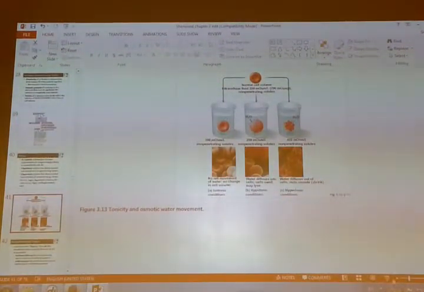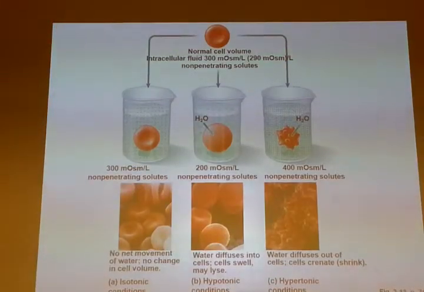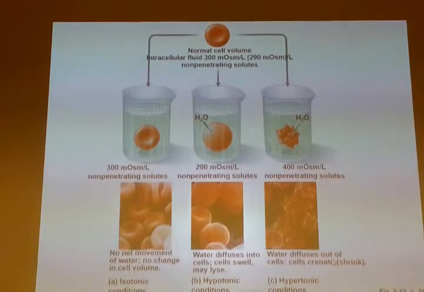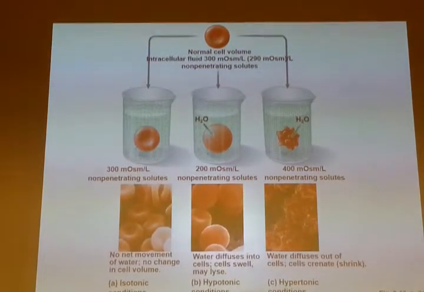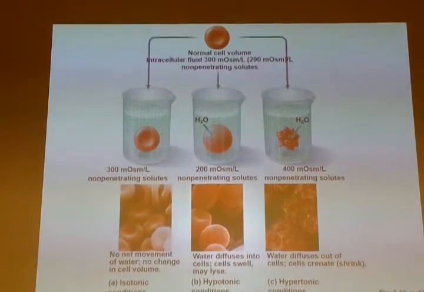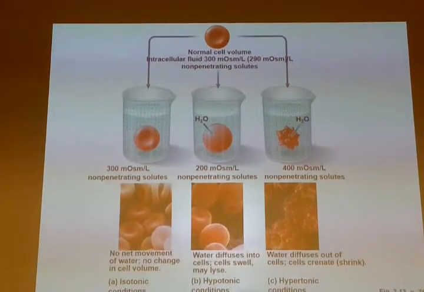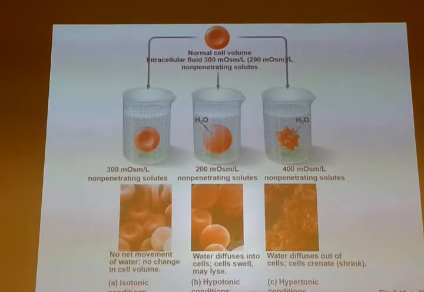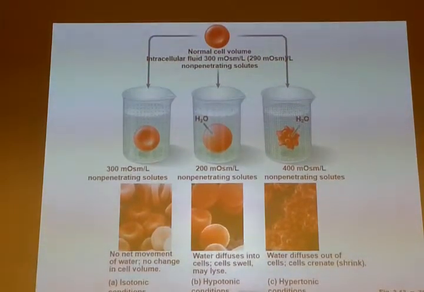Why? The cell shrinks or crenates. Why is it not going to stay in solution as long as a normal red blood cell? As it gets heavier, it's going to sink faster.